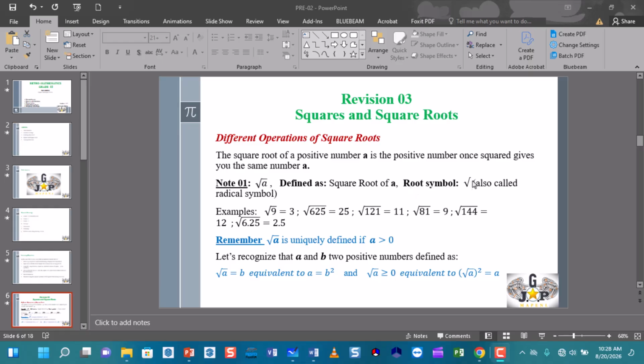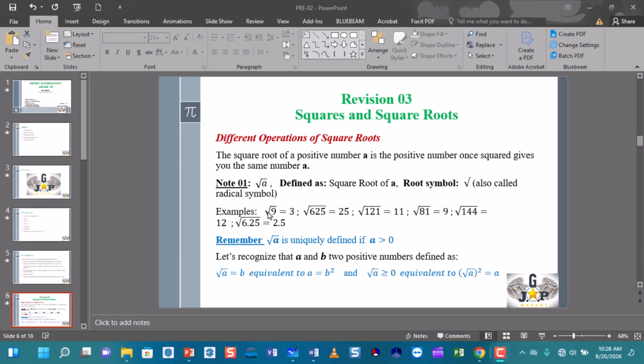The root symbol, which looks like a musical symbol, is called the radical symbol. You have the radicand, which is the positive number, and the whole set is called the radical.